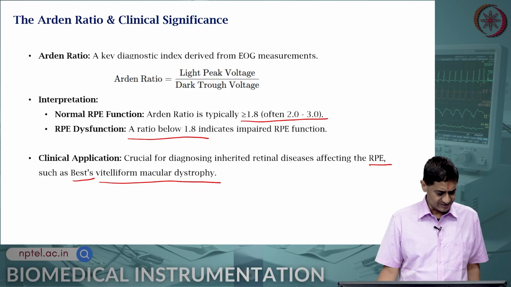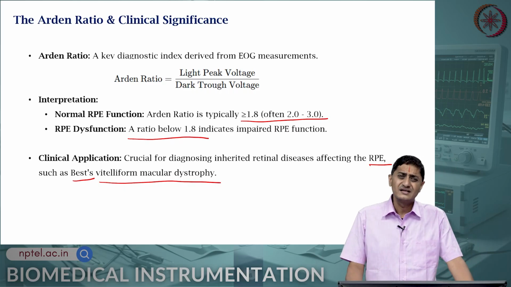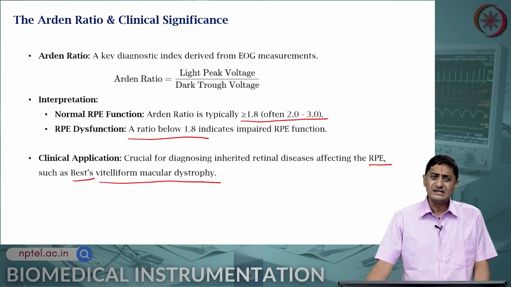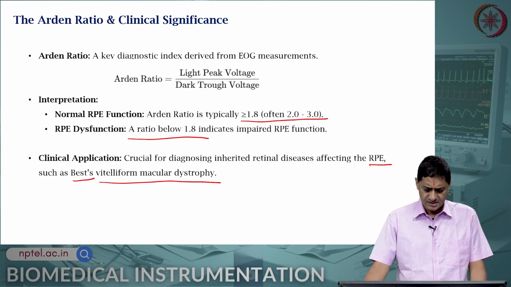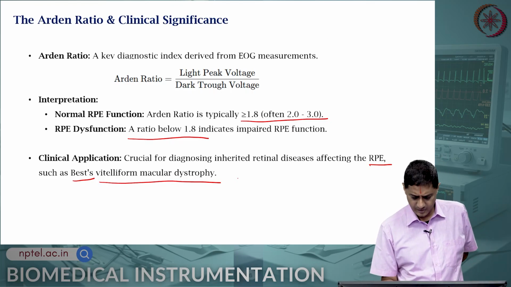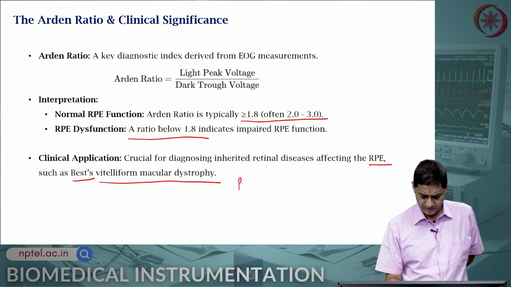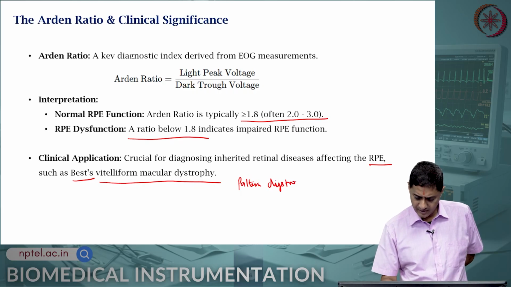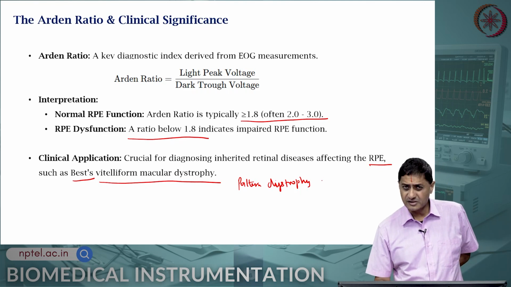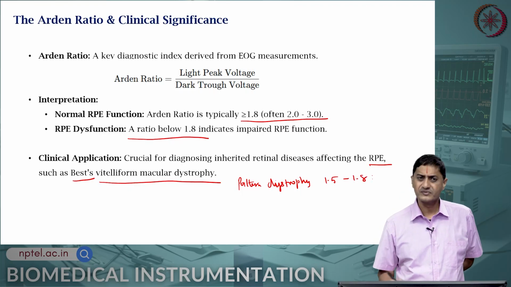Note that EOG is also quite often used in the diagnosis of other problems such as pattern dystrophy, pattern dystrophy with the Y. In this case, the Arden ratio is between 1.5 to 1.8.